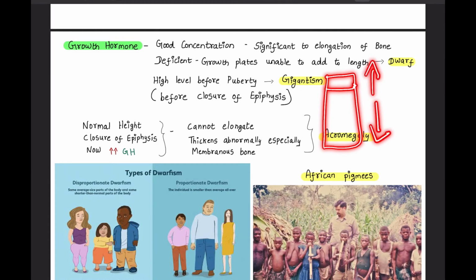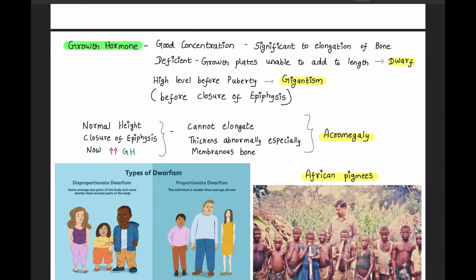Now if there is an increase in the growth hormone level, increase means above, higher than normal, what happens is it will add thickness to the bone, and this will lead to acromegaly.